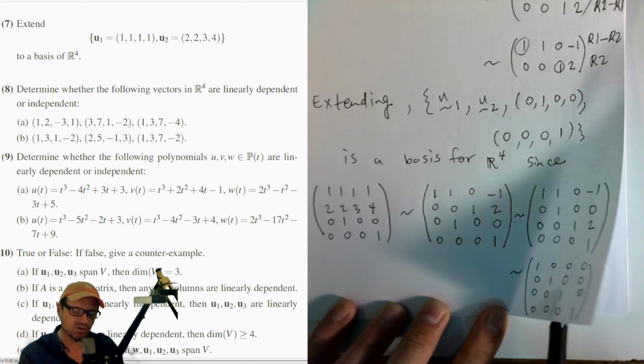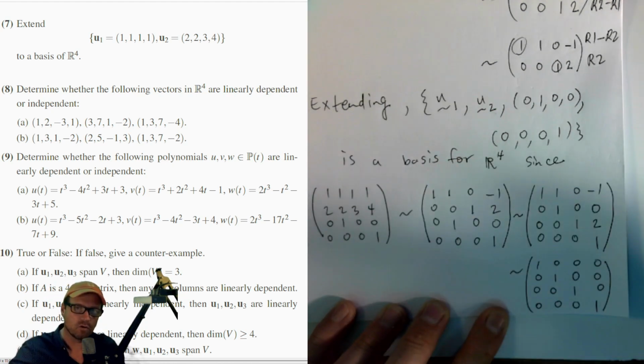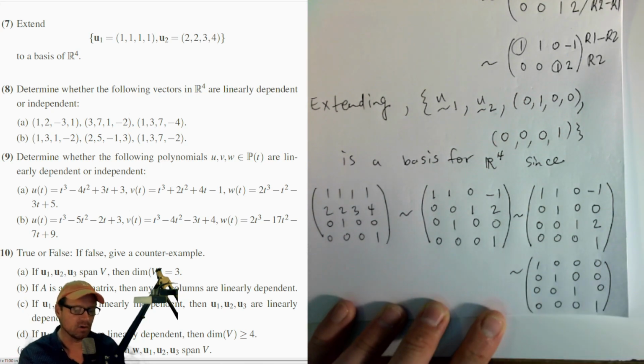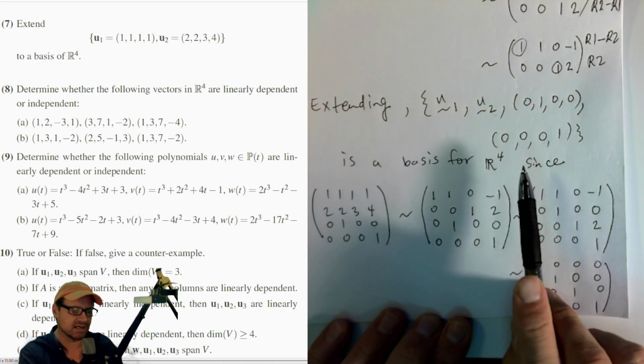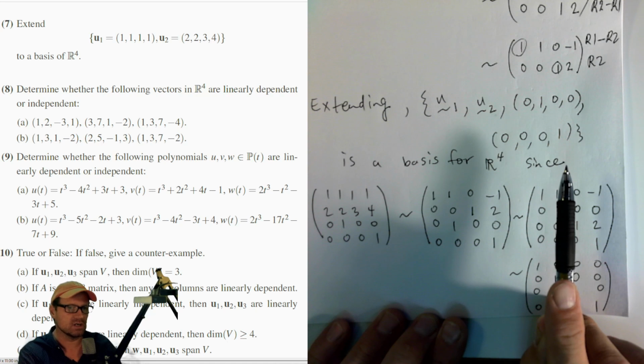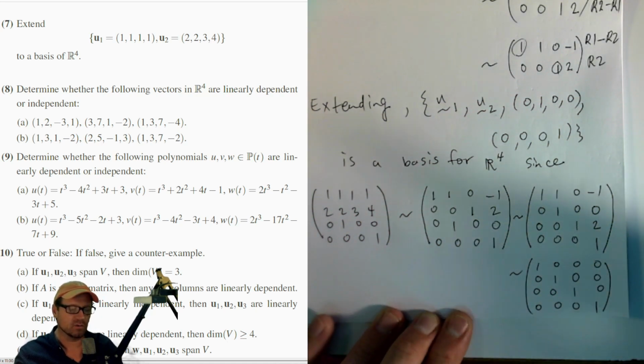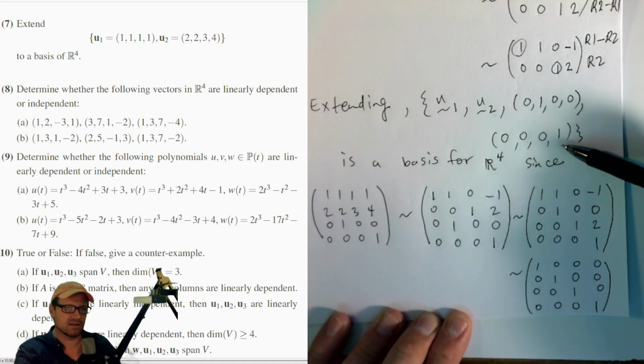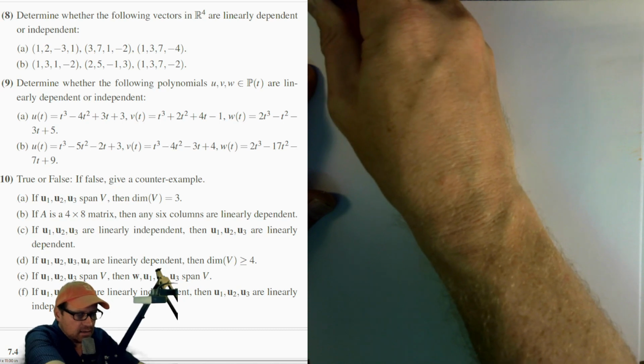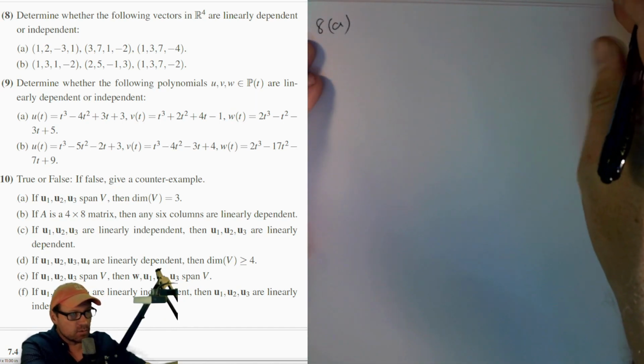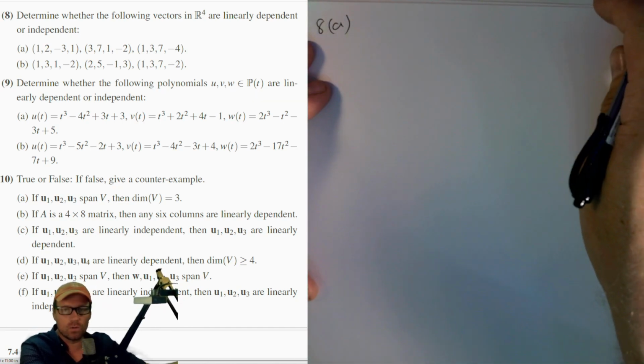In other words, the rows of this final matrix form a basis for R4. And so we have successfully extended U1, U2 to a basis for R4 by including this vector and this vector.